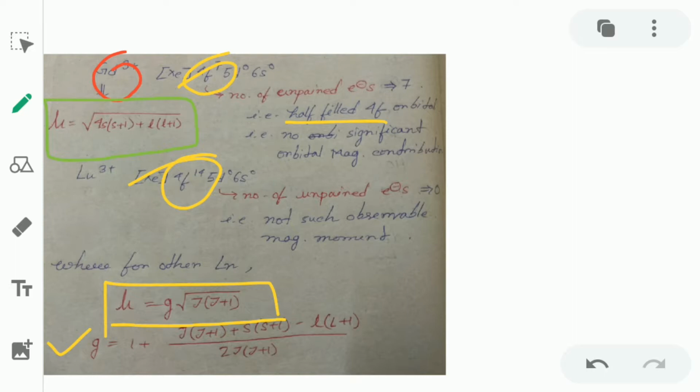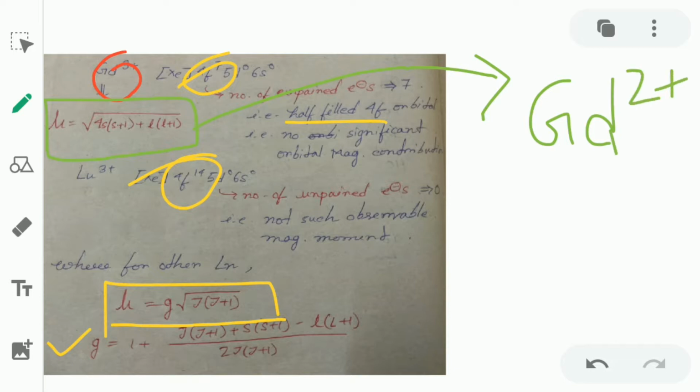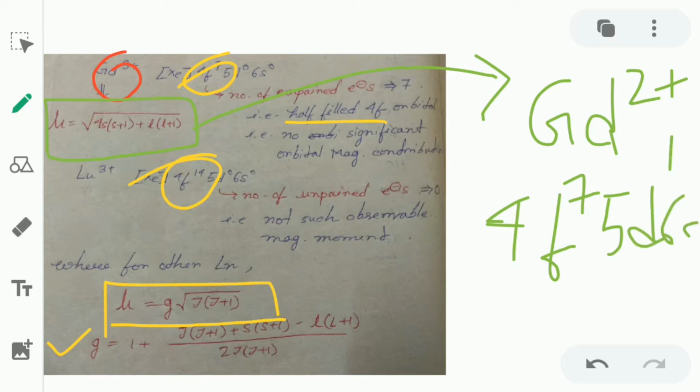But this is followed by the gadolinium 2 plus electronic configuration, because it has 4f7 5d1 6s0.